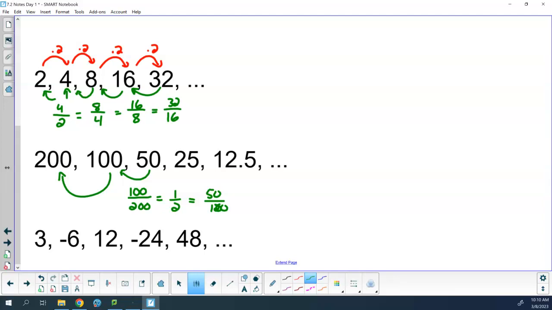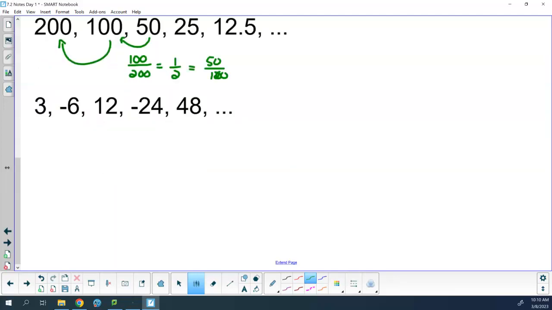What's my constant R down here at the bottom one? Negative 2. So we can have negative values.